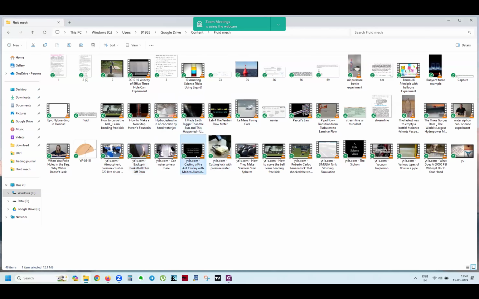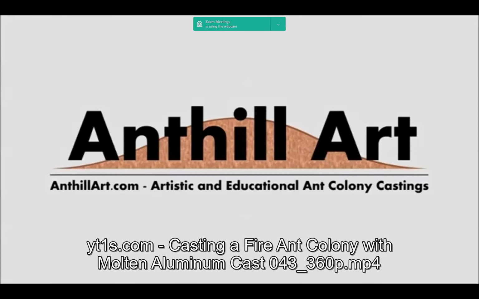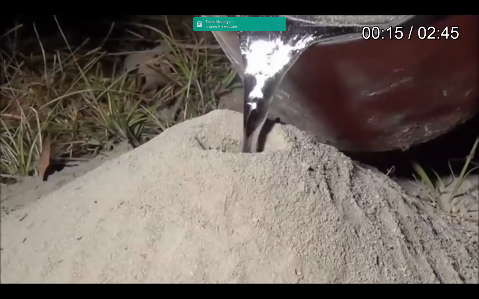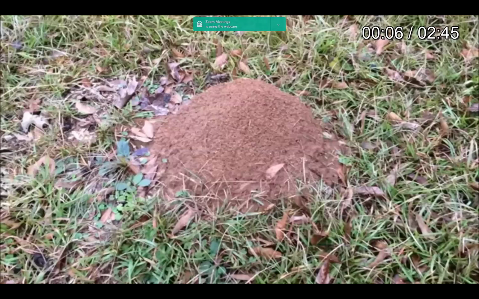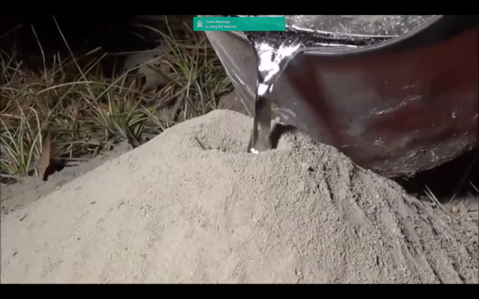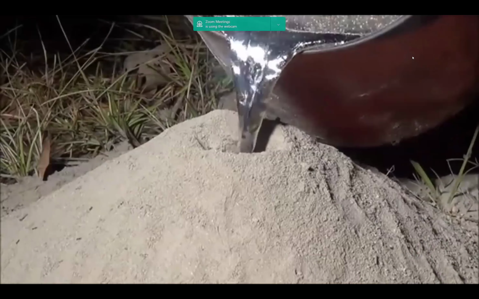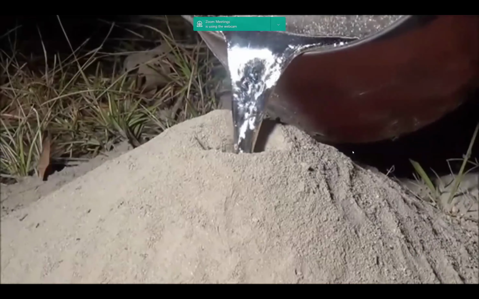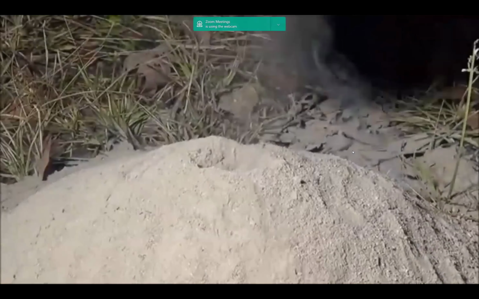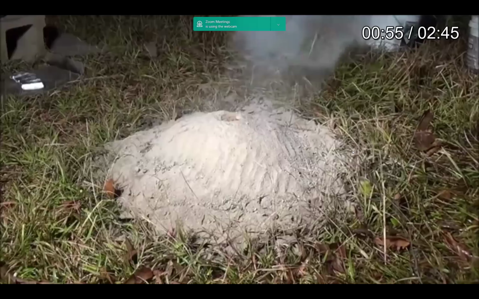There's one more I wanted to show you. Yeah. This is a little evil thing, but it is for the greater good of science. We'll sacrifice some ants. So someone found a nice anthill. Looking cute. That is molten aluminium. We poured into this cute nest. Kept on pouring and pouring. The poor thing gone. And then he started cleaning and removing the mud.